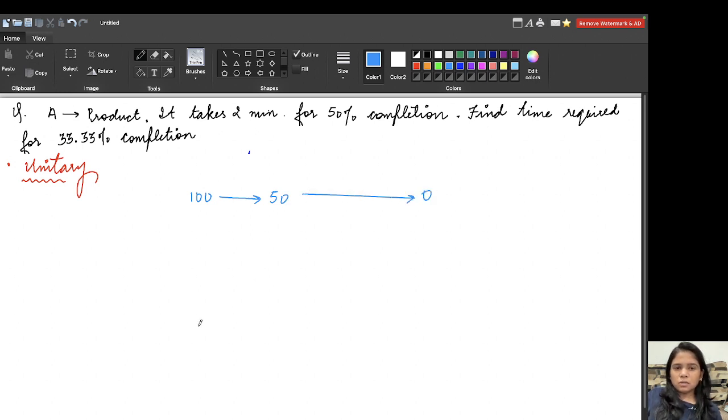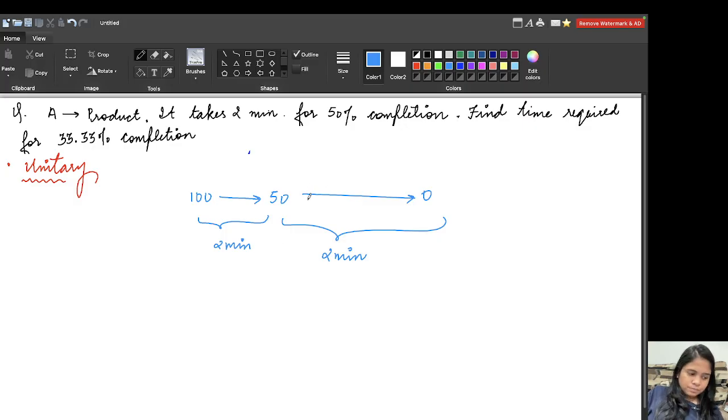This is 50% completion, which takes 2 minutes from here to here. Definitely it will take 2 minutes from here to here also. What are they asking? Time required for 33.33% completion.